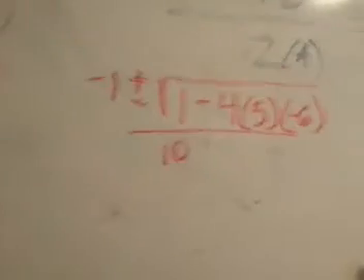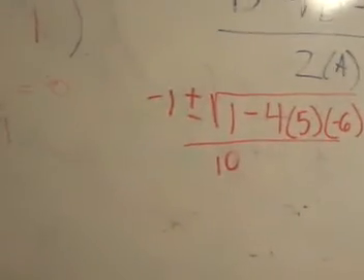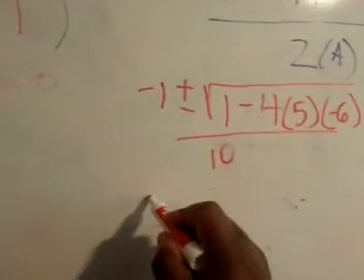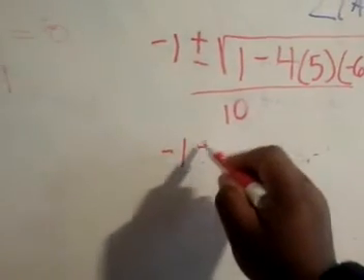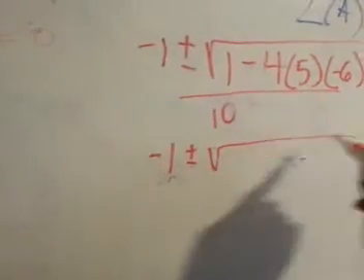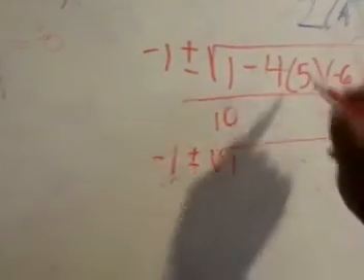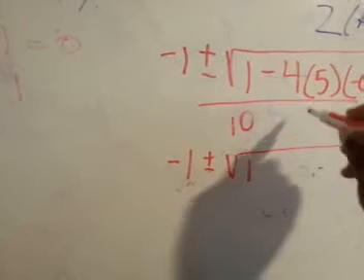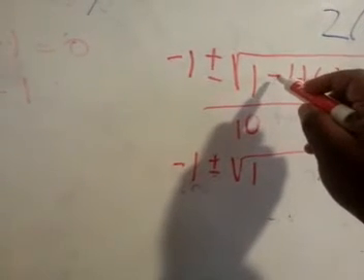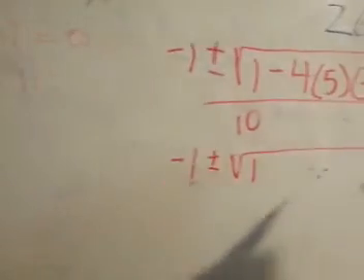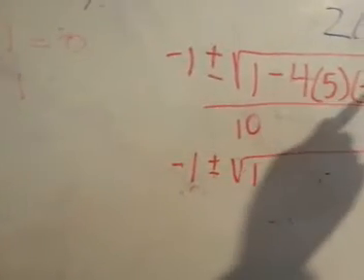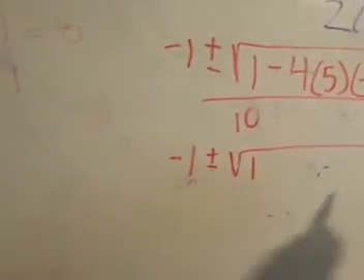Okay, now this is using the quadratic equation again. So, negative 1 plus or minus the square root of 1, however you want to do this, minus 4 times 5, which is 20. 20 times negative 6 is negative 120.